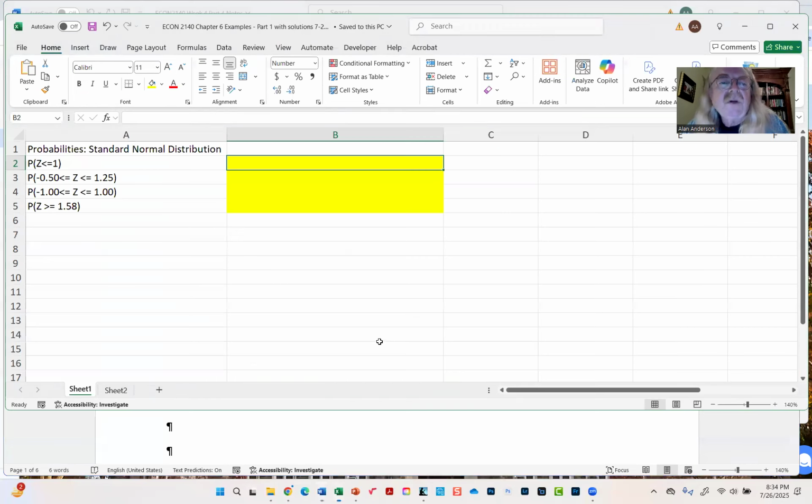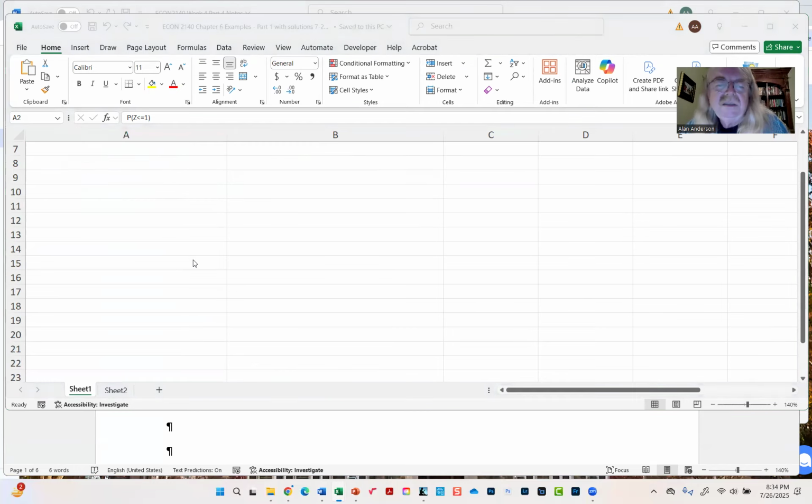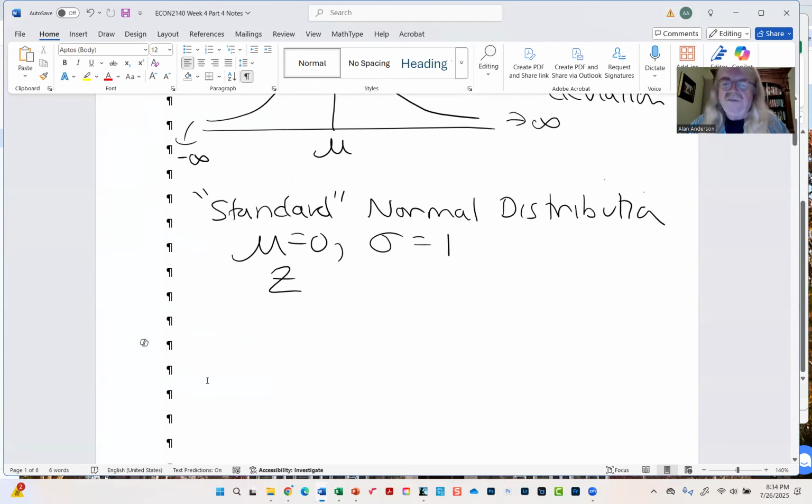Now here what they want us to do is take this standard normal distribution, and first they're going to have us calculate the probability that Z is less than or equal to 1. So what would that look like on the graph?